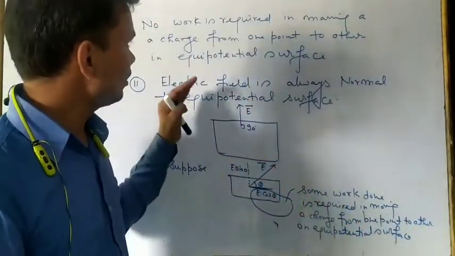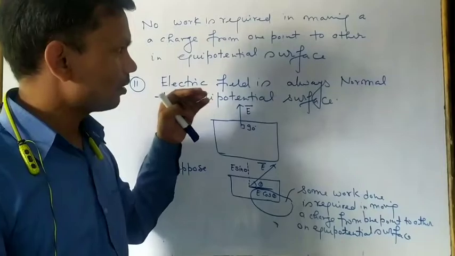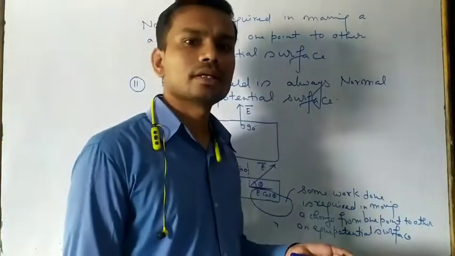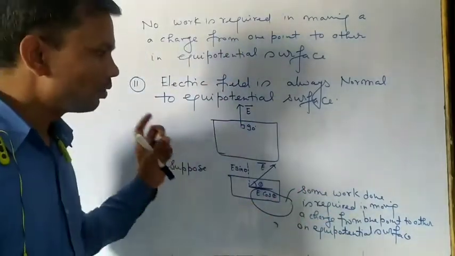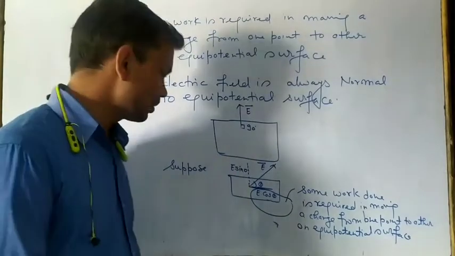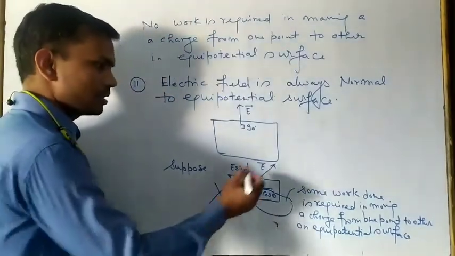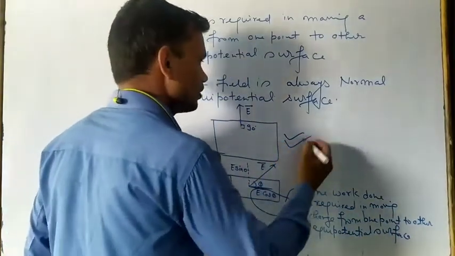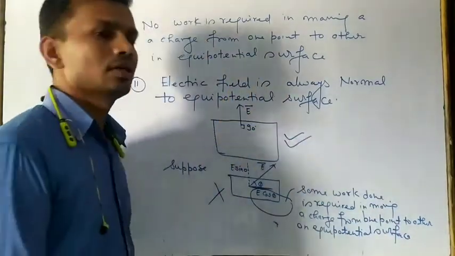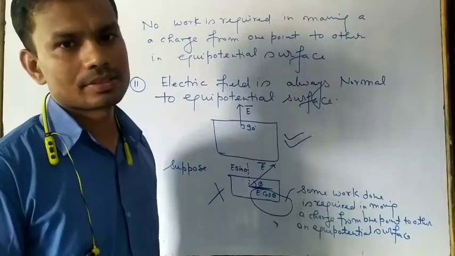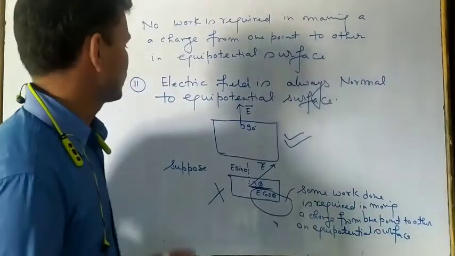But practically what we find is that it is not there, because no work done is required. Therefore this assumption is wrong. So this is correct, means the electric field is always normal to the equipotential surface, right? So this is the second one.